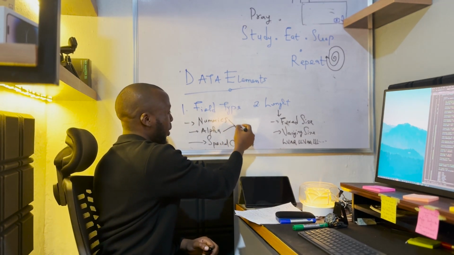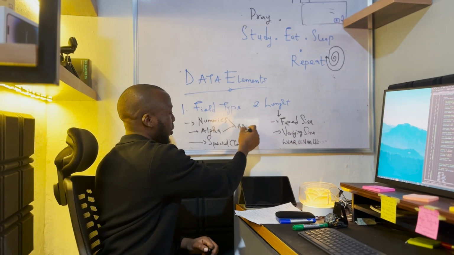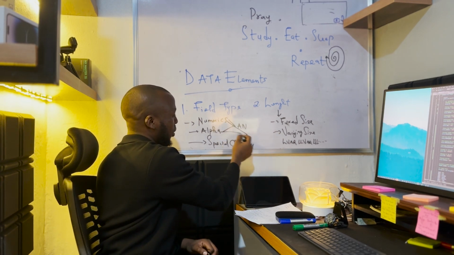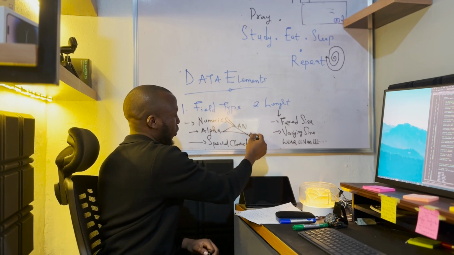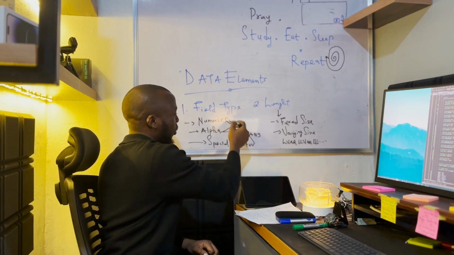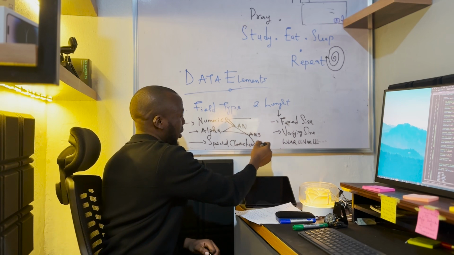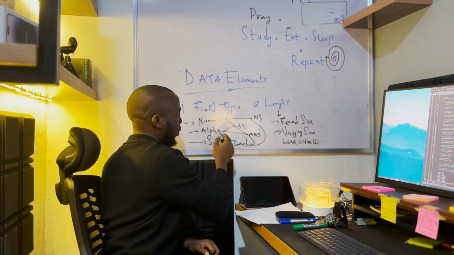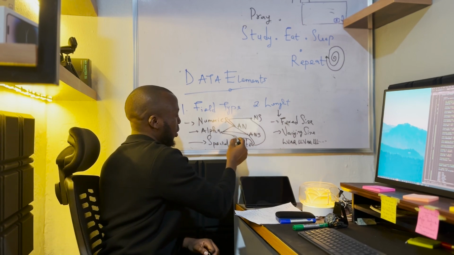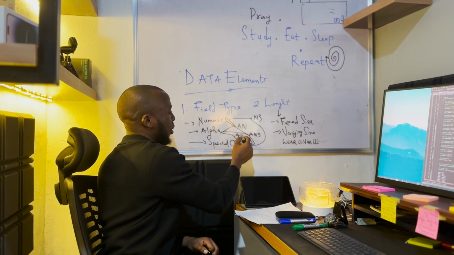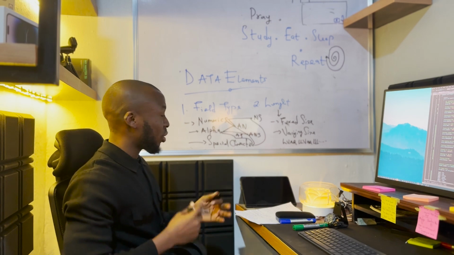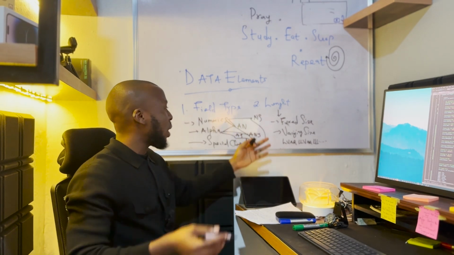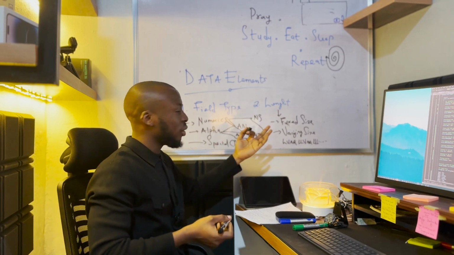For example, if you combine alpha and numeric, we have alphanumeric. If you combine alpha, numeric, and special, you have alphanumeric special. If you combine numeric and special, you have numeric special. If you combine alpha and special, you have alpha special.